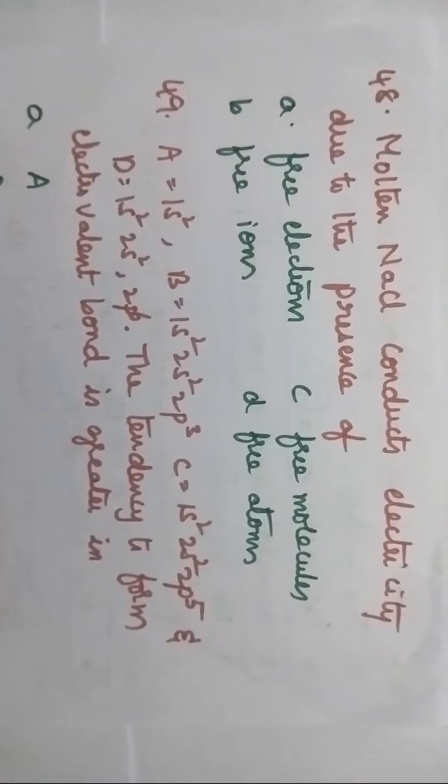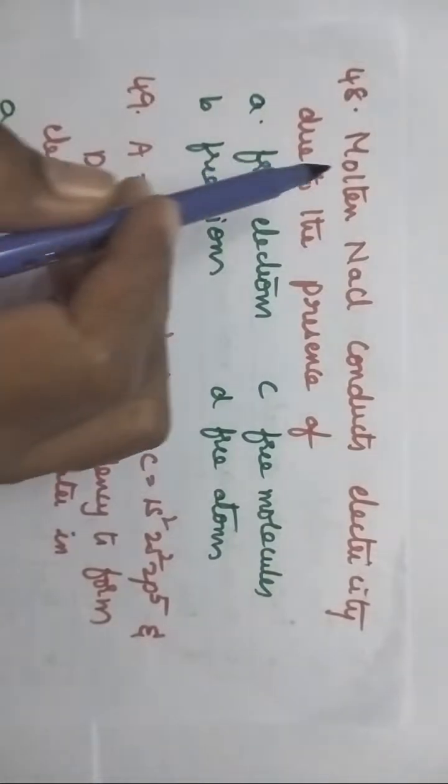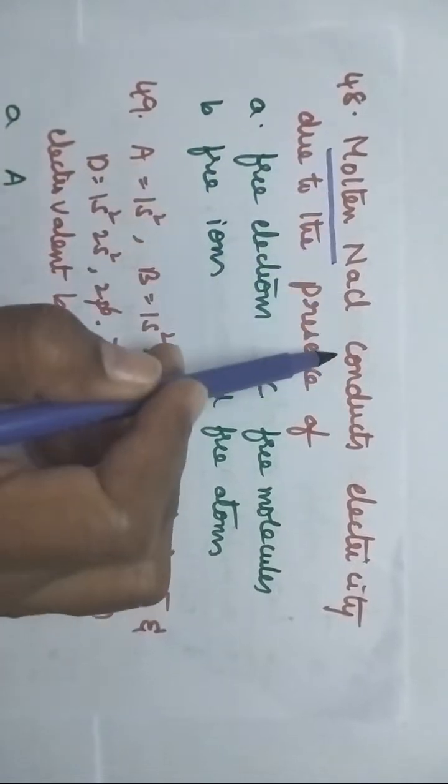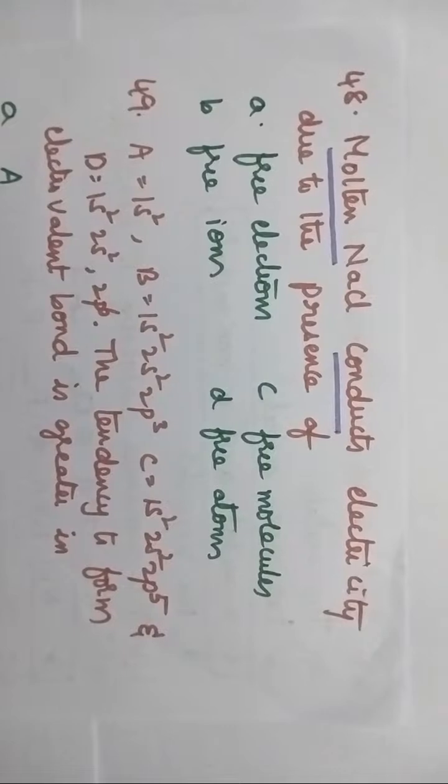Molten NaCl conducts electricity due to the presence of. Now you can answer. Very simple question. Molten NaCl conducts electricity, that is due to the presence of. What are you thinking about?